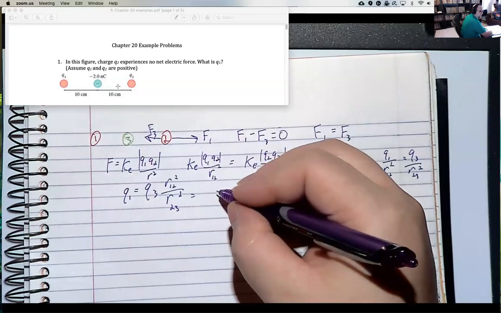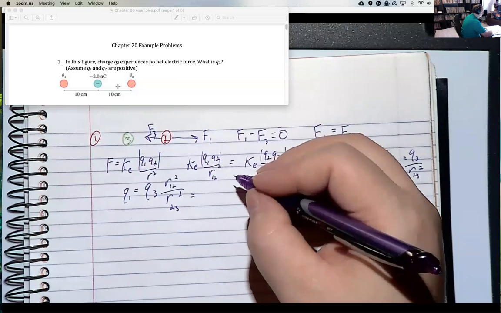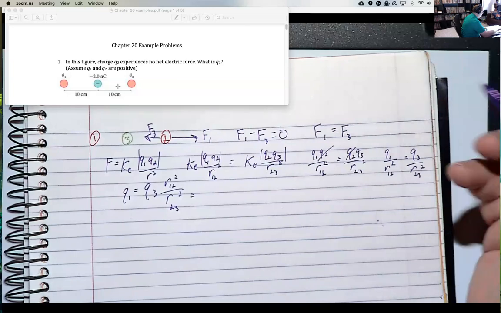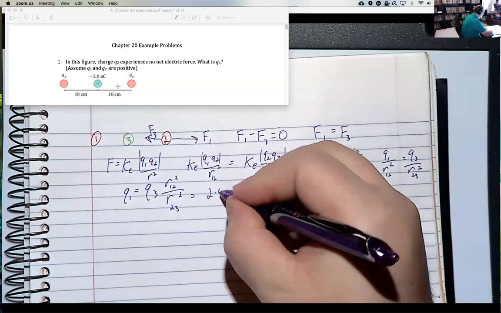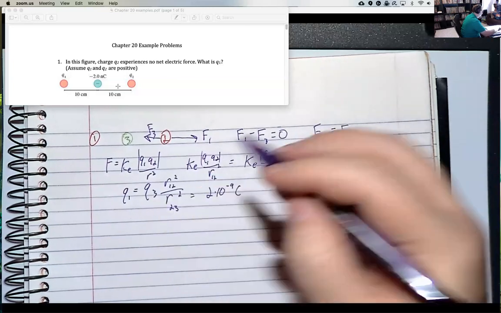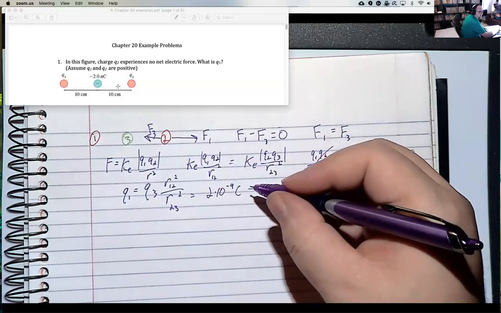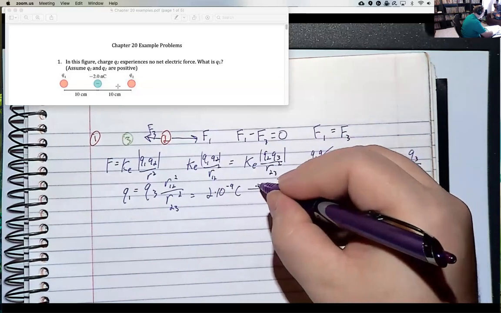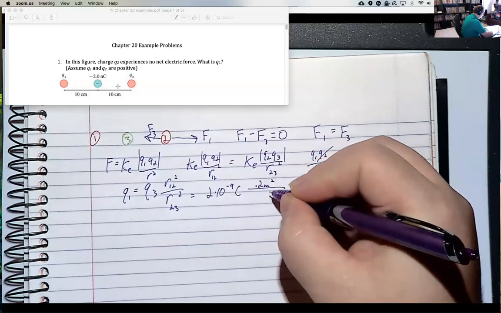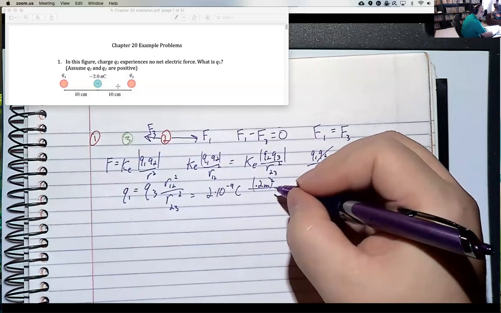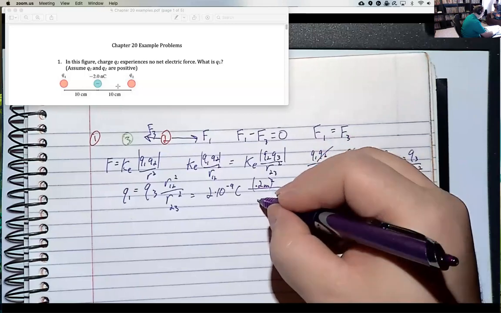And then it's just plug in. There should still be absolute value signs; I dropped them. So 2 times 10 to the negative 9 coulombs, because I'm absolute valuing that. R12 is 20 centimeters, and R23 is 10 centimeters.